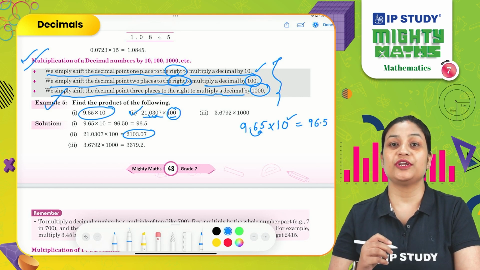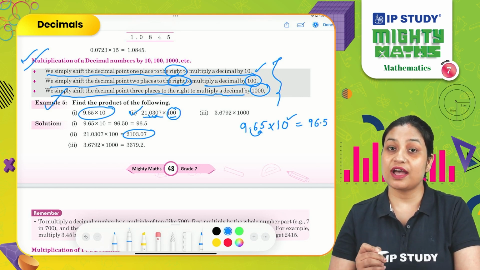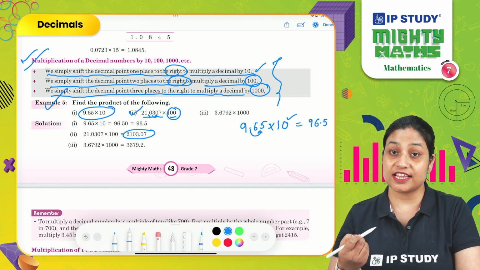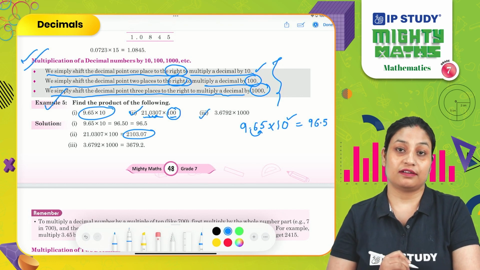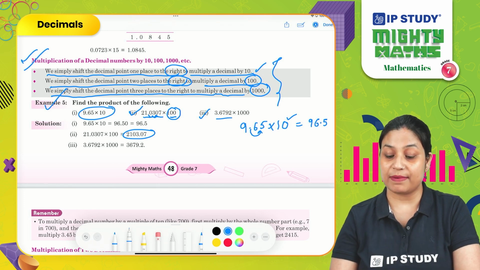Similarly, suppose you are going to multiply any decimal number by 1000. In that case, you have to shift the decimal towards the right by 3 places. Now let's explore this by taking another example. Let's take the third part. Here you have to multiply 3.6792 by 1000.